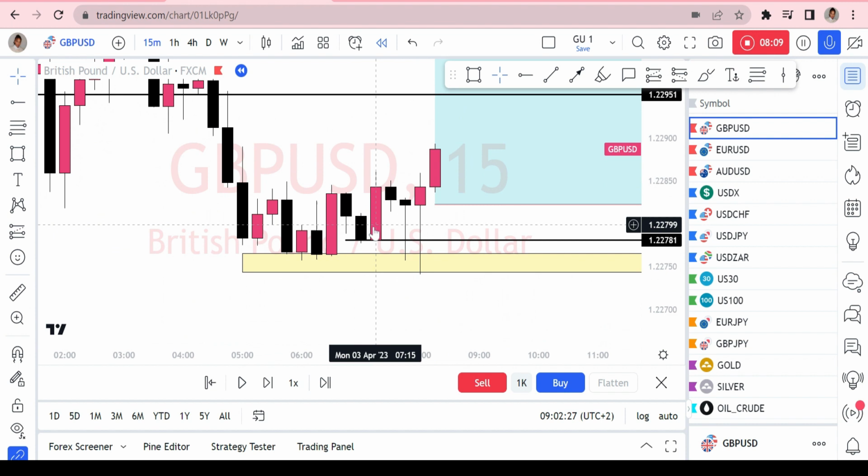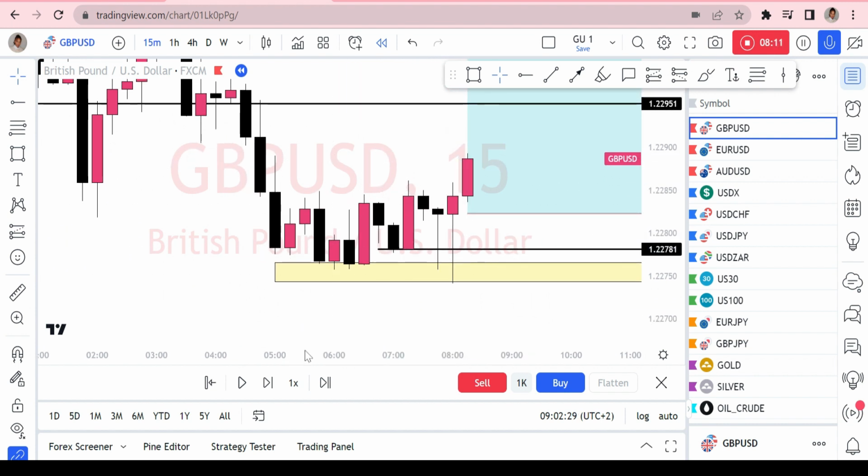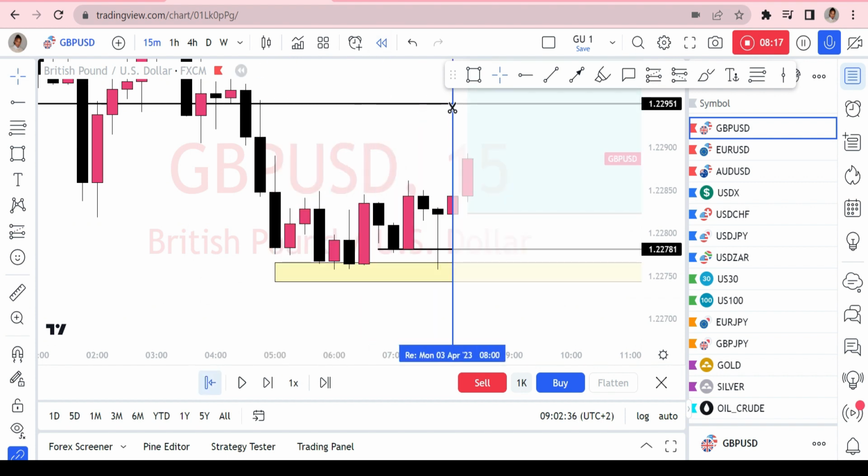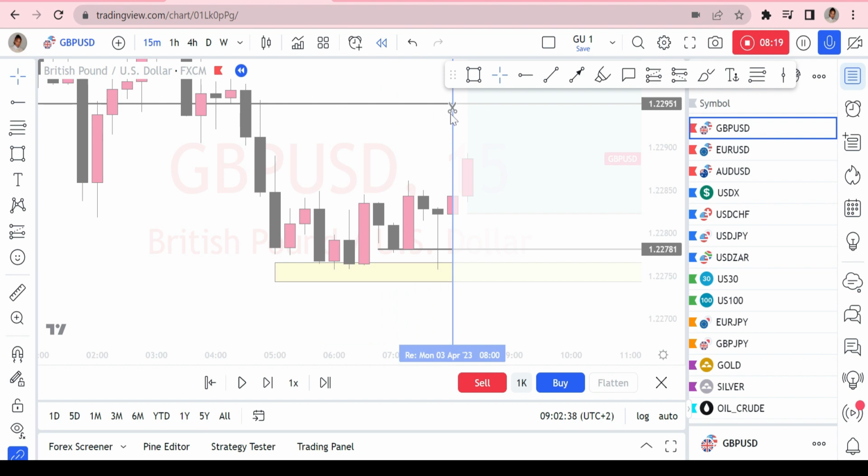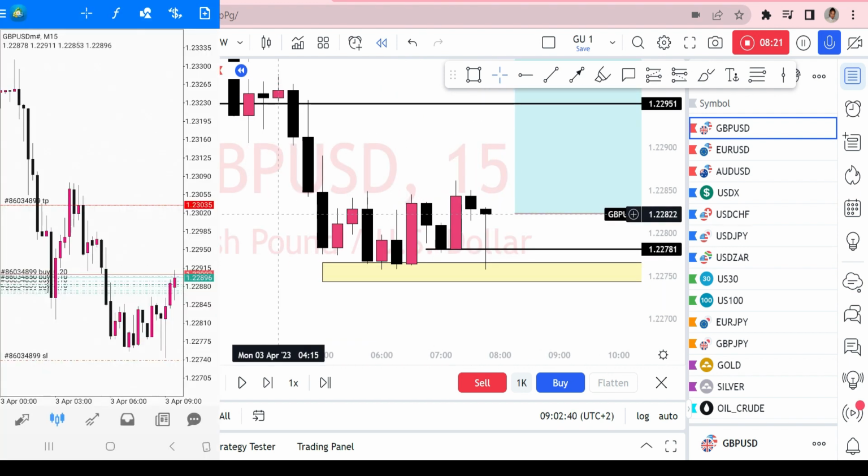Literally, this is where I entered. This is where I entered, guys. Here I was like, okay, let's wait to see which candlestick gets printed next.